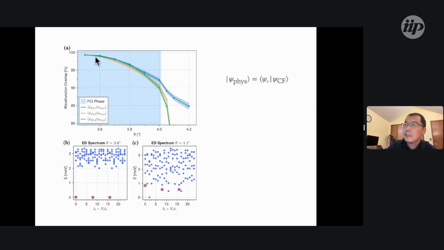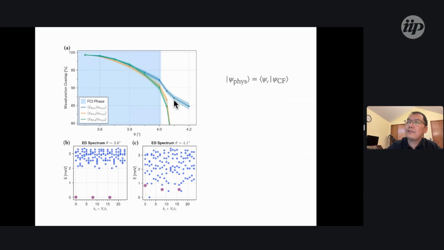Now you can see that this is the overlap between my projectively constructed wave function and the ED wave function. Again, this x-axis is a twisting angle, and this is the overlap. You can see at 3.5, that's when the system behaves most like a non-down level. I have very high overlap, 99%. If you increase the twist angle, you can see that the overlap holds relatively well.